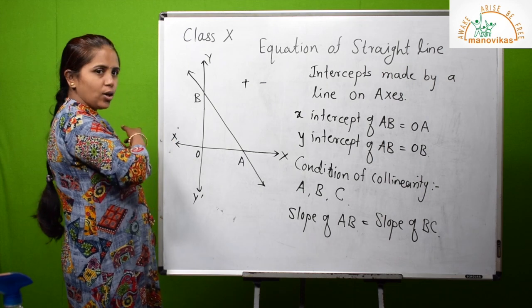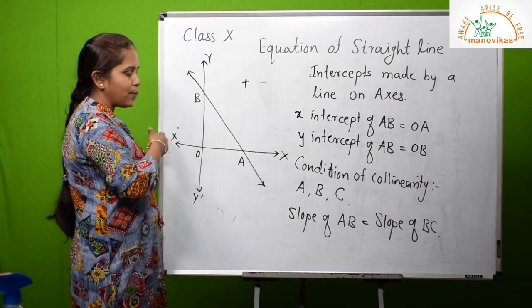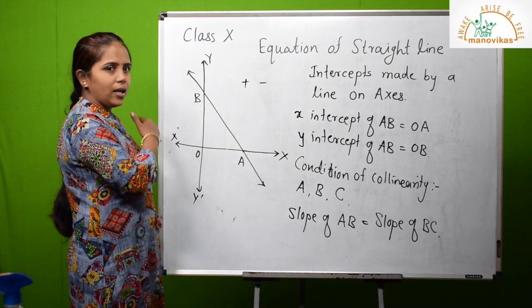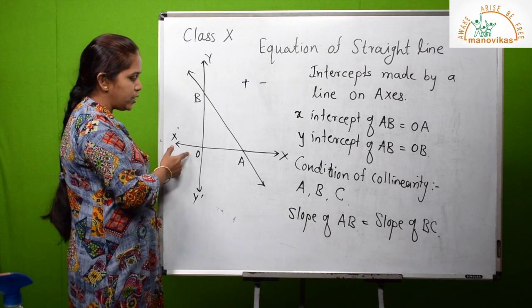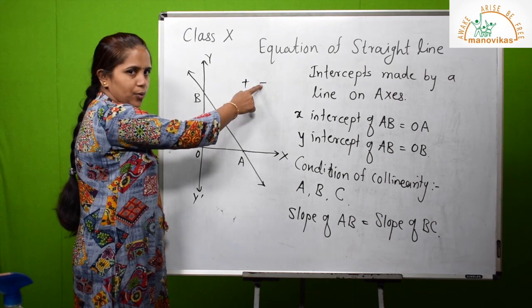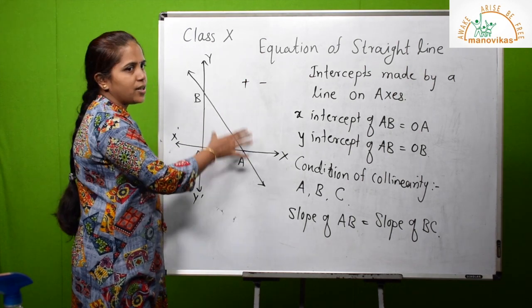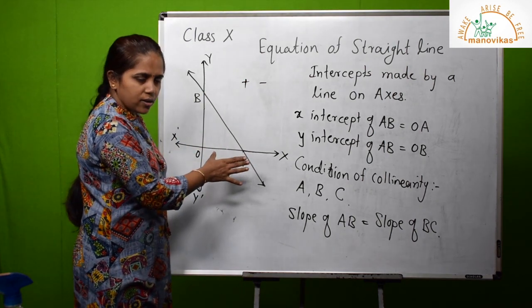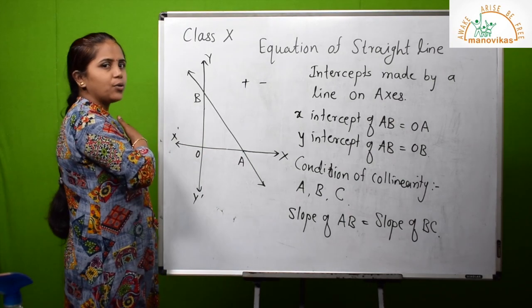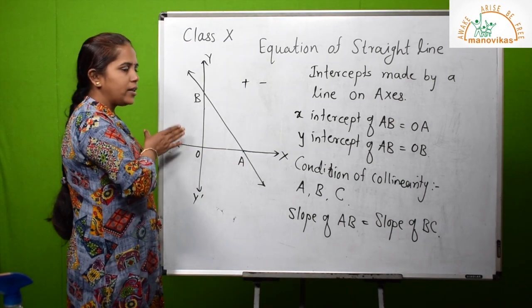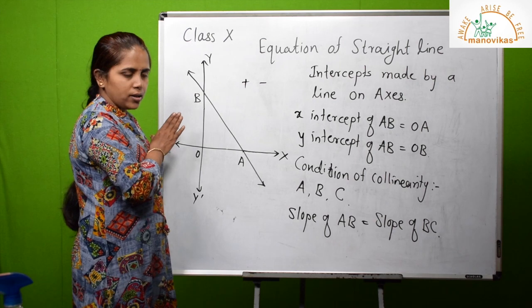When the point is on the negative side, that is LHS of origin, then it is a negative intercept. Positive side of x-axis, then it is positive x-intercept. Negative side of x-axis, then it is negative x-intercept.